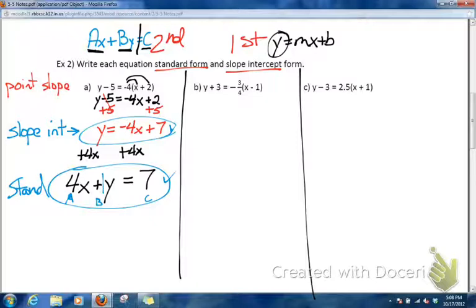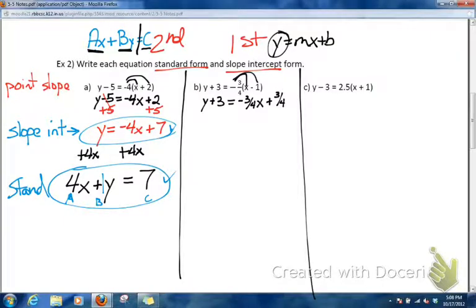And we're back here. First step in B was to distribute this. So you're going to have y plus 3 equals negative 3/4 x plus 3/4. Okay, now we're going to try to put this in slope-intercept form first.